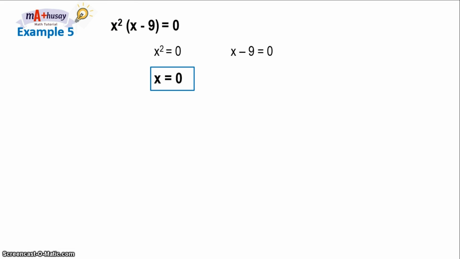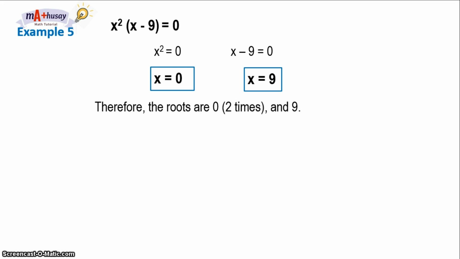For x minus 9 equals 0, the value of x should be positive 9. So from here, we can say that the roots are 0, which occurs twice, and 9. So there are at most 3 real roots in this given polynomial equation.